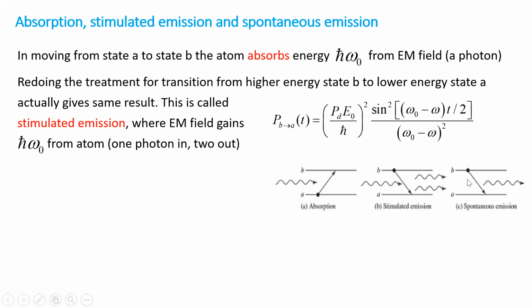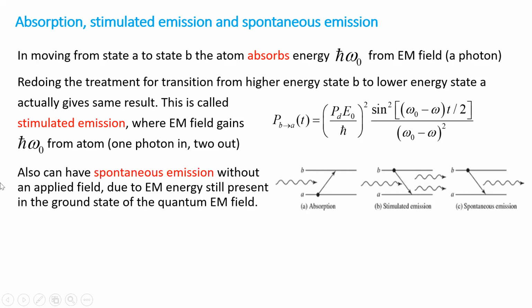That's because we don't assume that there's an applied electric field in the form of an applied or directed electromagnetic wave. So we can have spontaneous emission without an applied electric field, that is, a directed electromagnetic wave. And the reason for that is even without an applied wave around, there's still some electromagnetic energy present in the ground state of the quantum electromagnetic field, okay?